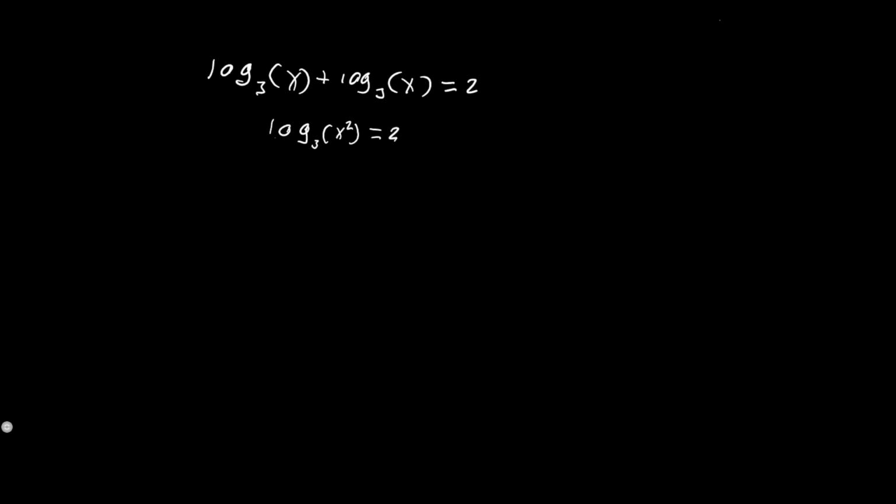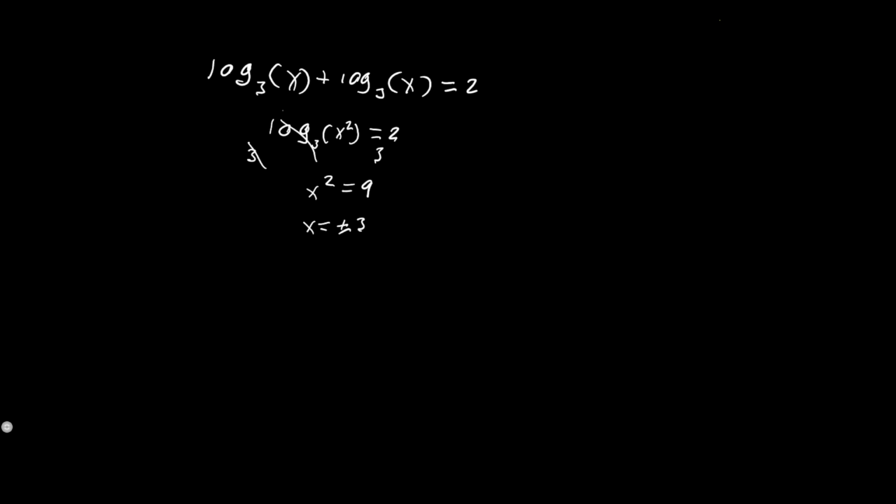Now we exponentiate it, which is going to simply cross out the 3 and the log base 3, leaving x squared, and 3 squared, which is 9. And we get that x is equal to plus or minus 3. And we want to verify which is which.